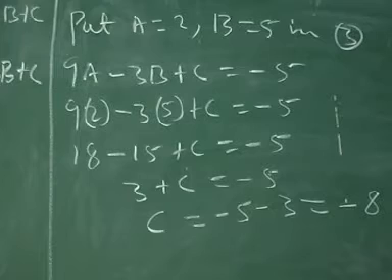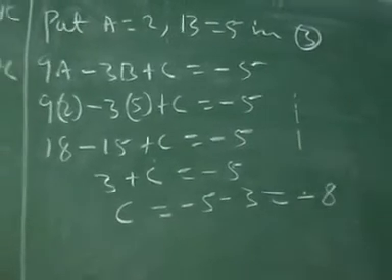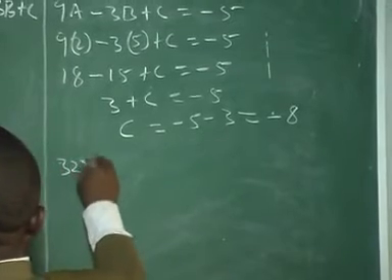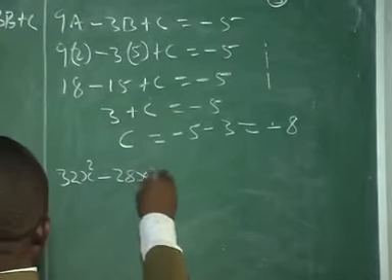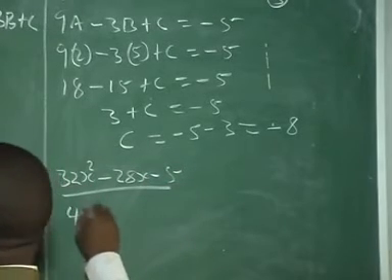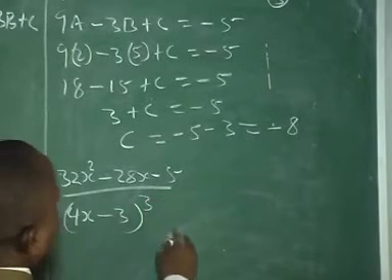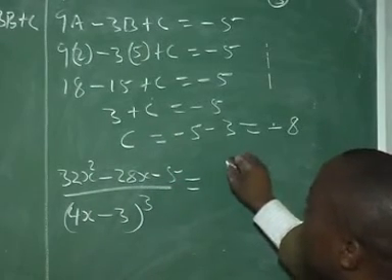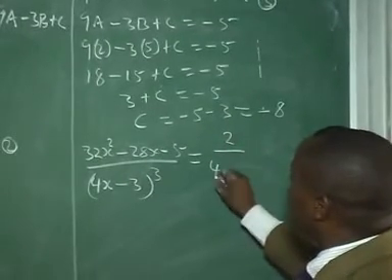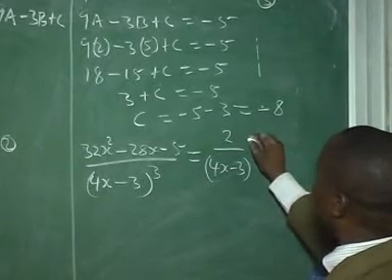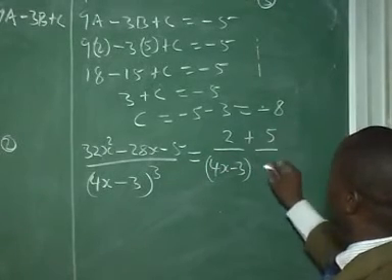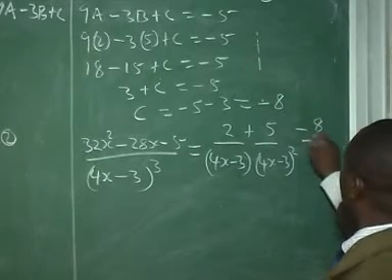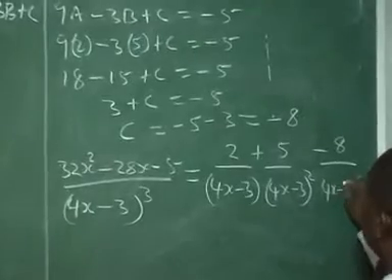We now see that the algebraic rational fraction 32x squared minus 28x minus 5 all over (4x minus 3) cubed is resolved to a partial fraction of the form A, which A is what? 2. 2 all over 4x minus 3, plus B, which is 5, all over (4x minus 3) squared, minus 8 all over (4x minus 3) cubed.